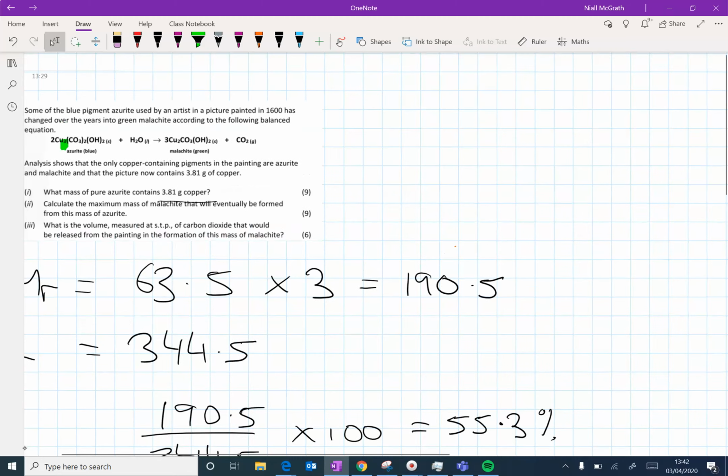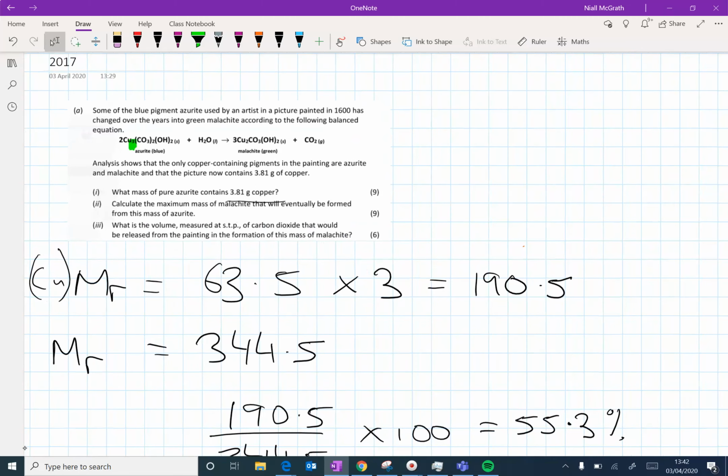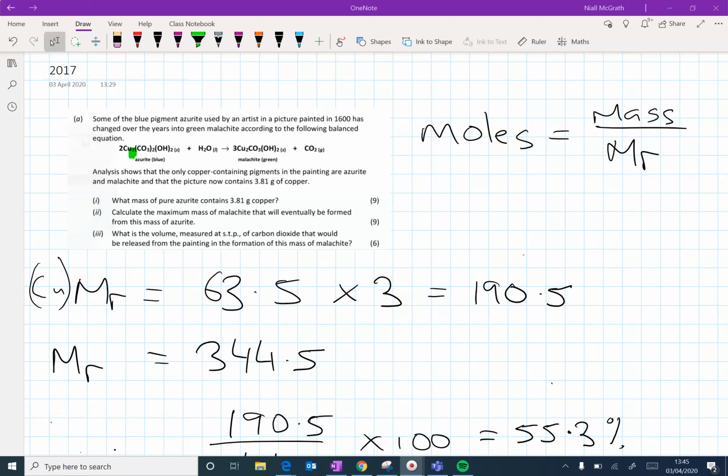The next part of the question asks us to calculate the maximum mass of malachite that will eventually be formed from this mass of azurite. All we're using here is our formula again, that moles is equal to mass over relative mass. That's the main thing we're using in all of these questions. What we have to calculate is our number of moles.